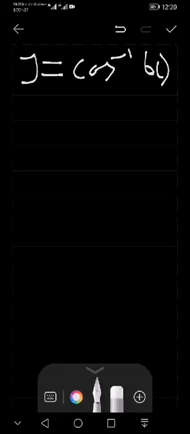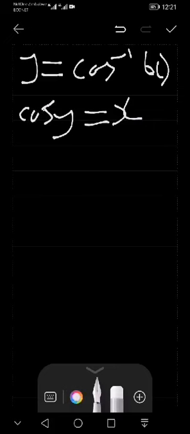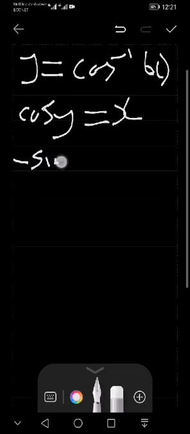So I can just bring the arc cos to the side where there's a y, and it becomes a cos without any inverse. Okay, so this will be cos y equals x. I can now differentiate. That is implicit differentiation. If you differentiate cos, you get negative sine.